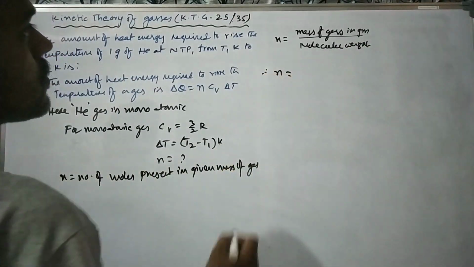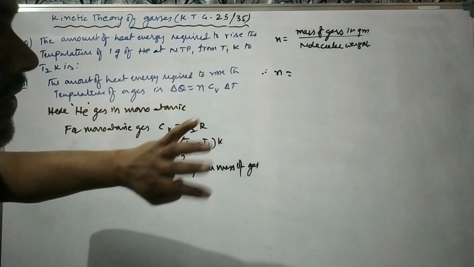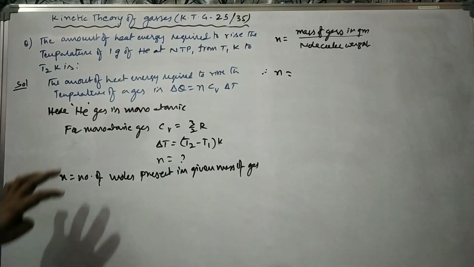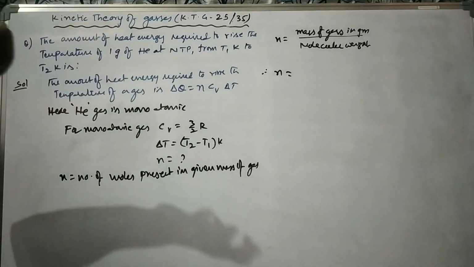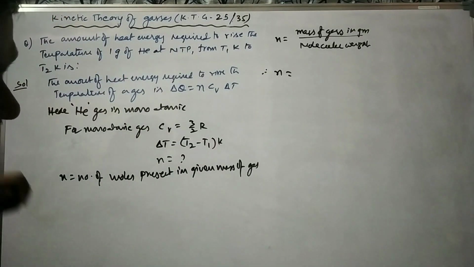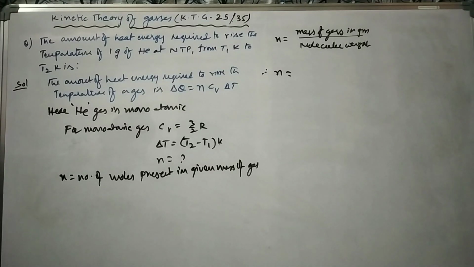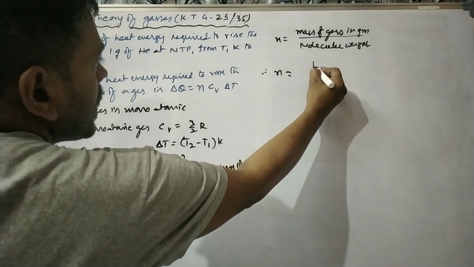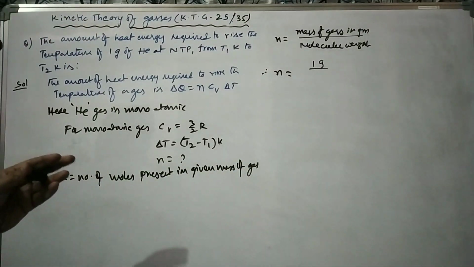Therefore N is equal to the mass of the given gas, which is 1 gram, by the molecular weight.